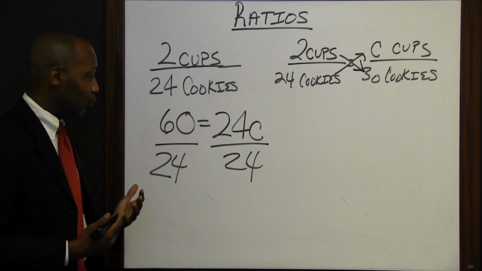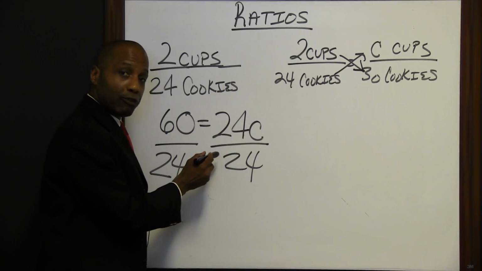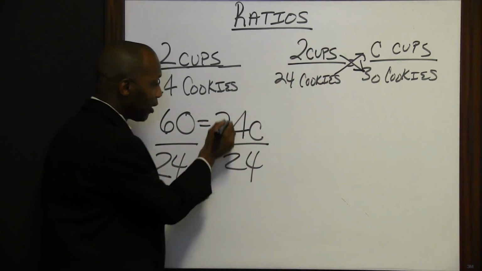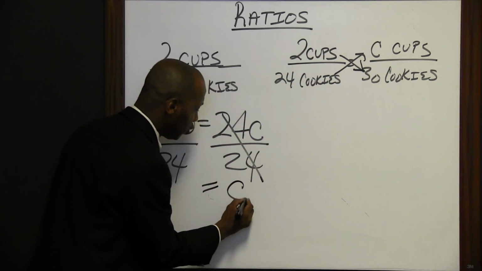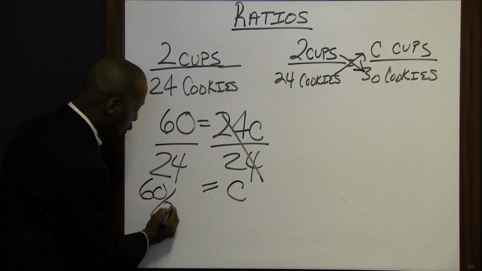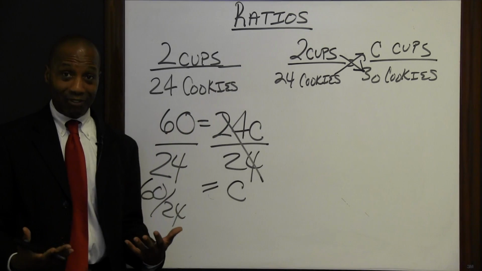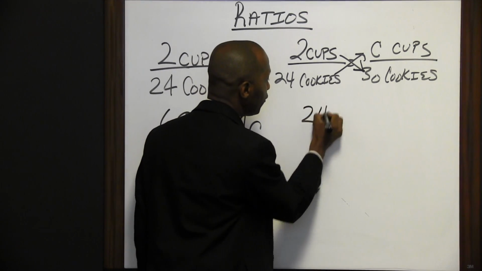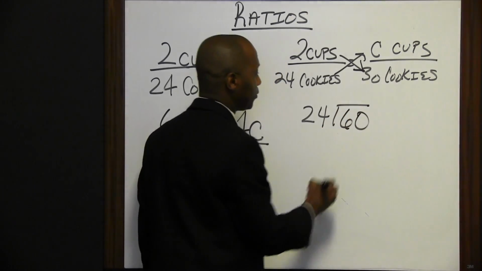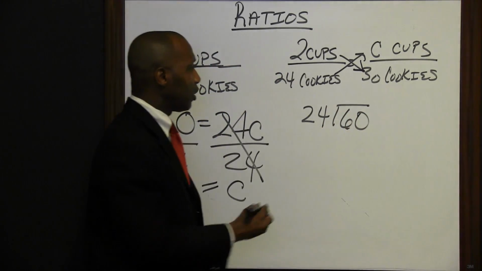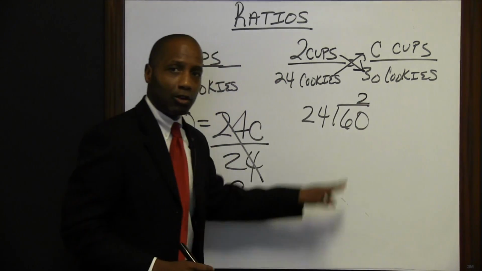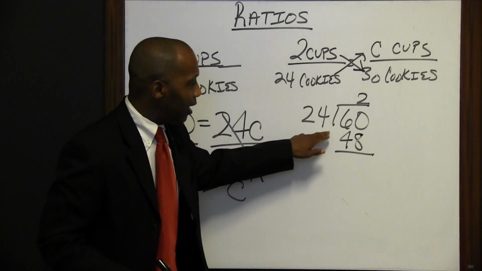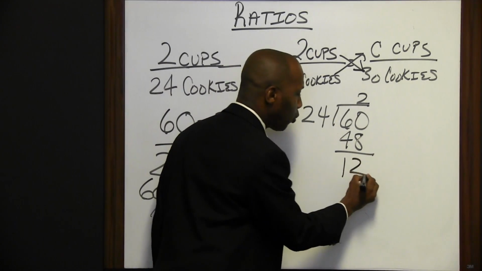So what does that leave us with? Well, the 24 in the 24C in the numerator and the 24 in the denominator will cancel themselves out, and that leaves you with C equals 60 over 24. We need to simplify that. So we divide 24 into 60. 24 goes into 60 2 times. 2 times 24 is 48. 60 minus 48 leaves us with 12.